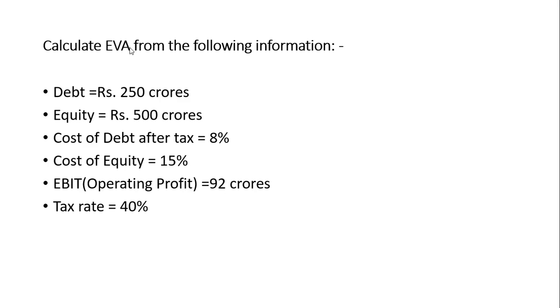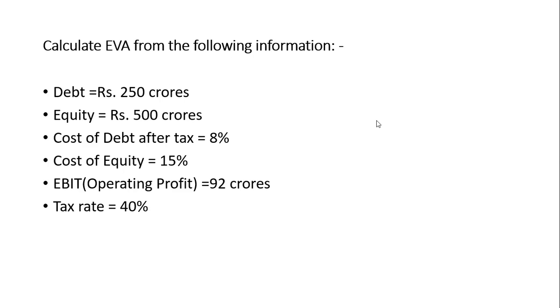We have to calculate the EVA from the following information. What is EVA? EVA is a performance measurement tool. Company earnings, past earnings, we are going to measure and compare with the cost of funds. When earnings are greater than the cost of funds, EVA will come positive.